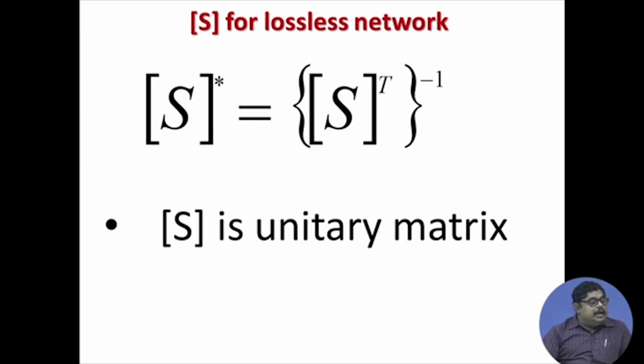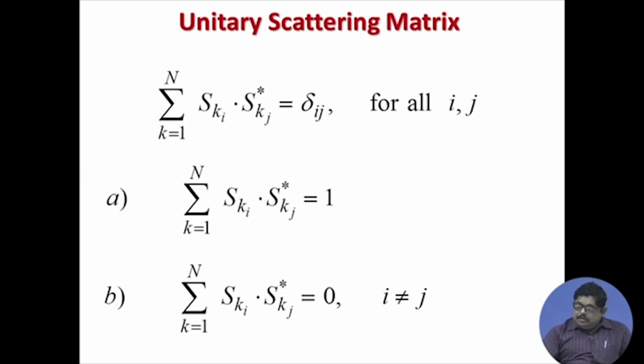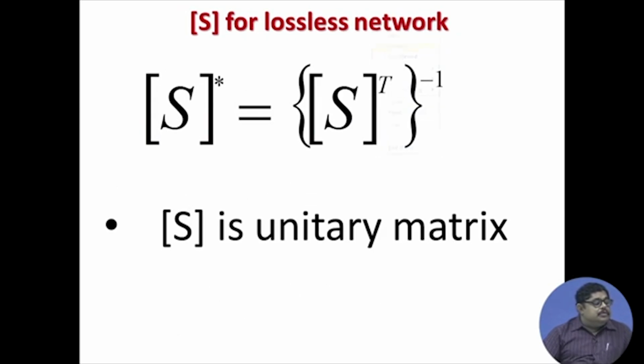Now, if a network is lossless, lossless means there is no dissipation of power, whatever is entering inside there is no loss, that is called a lossless network. For a lossless network, the S matrix has this property: S conjugate is equal to the inverse of S transpose. Now, if you remember, any matrix whose conjugate is equal to the inverse of its transpose is called a unitary matrix.